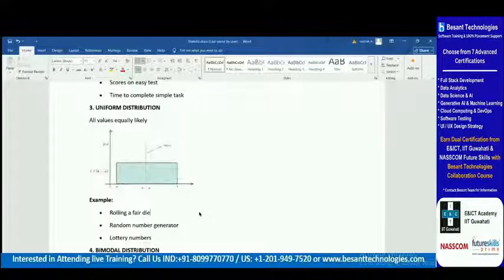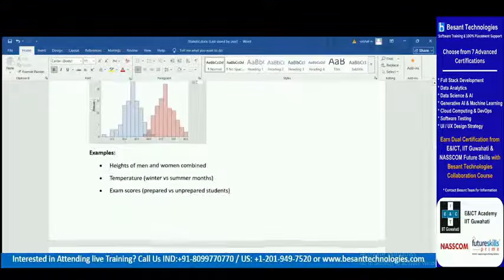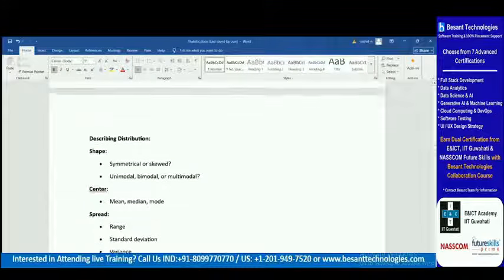Mostly everyone will get all these values. When you roll a die 100 times, everyone has a probability of getting 4, 5, 6 and all. At that time there is going to be a uniformly distributed data set where there aren't many variations. That is one example of uniform distribution. Lottery numbers are another. Those are all examples of uniform distribution.